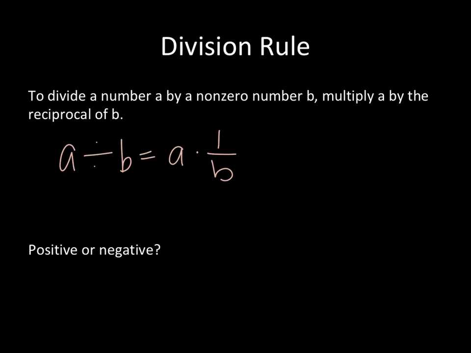Okay, so example 1. This rule comes in handy, especially when we're dealing with fractions, because if b is a fraction, I would just flip it, positive or negative. Division, again, is pretty much the same as multiplication. If I did a positive over a positive or a negative over a negative, it's going to be positive.